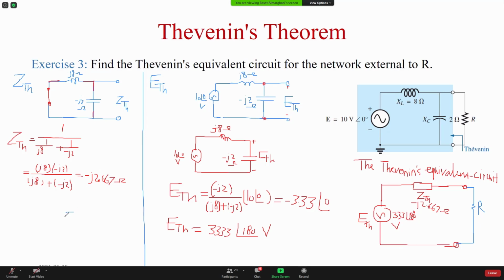Because this is in the polar form, it means 2.667 angle minus 90. Minus J means minus 90. So J means 90 degrees. Minus J means minus 90.